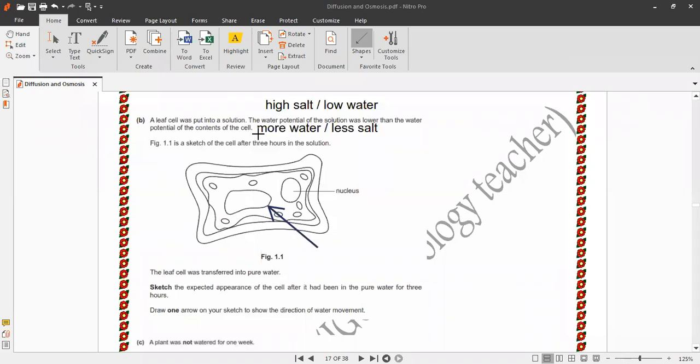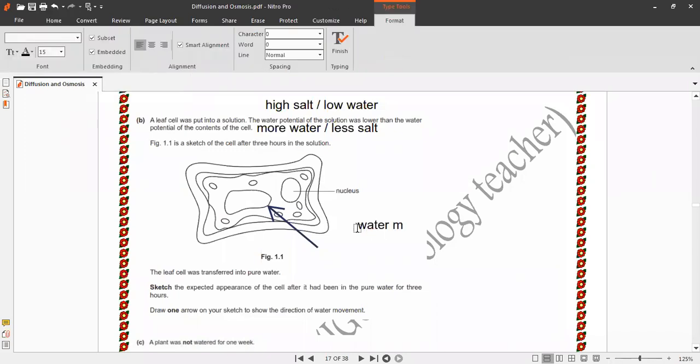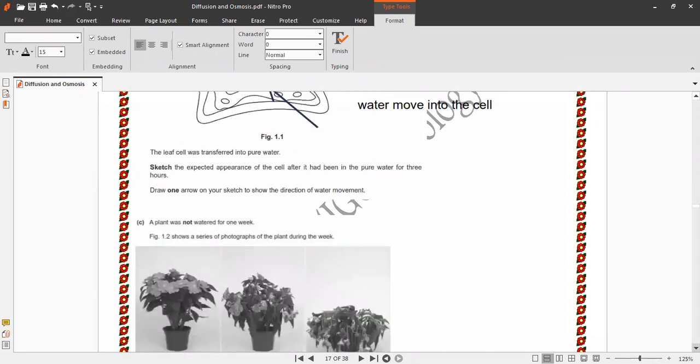The water moves into the cell. Okay, thank you.